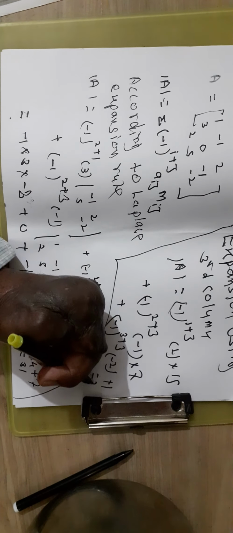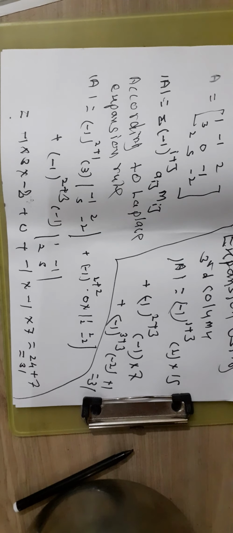This is equal to 31. This is also 31. This is how we can expand any determinant using a row or column.